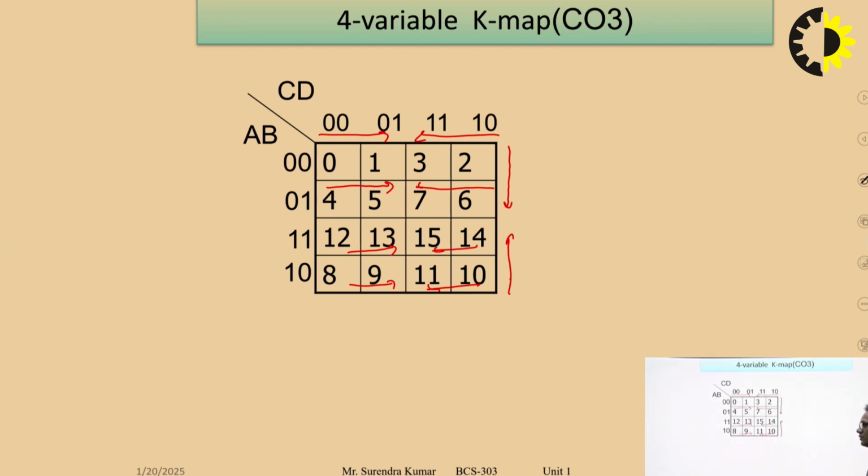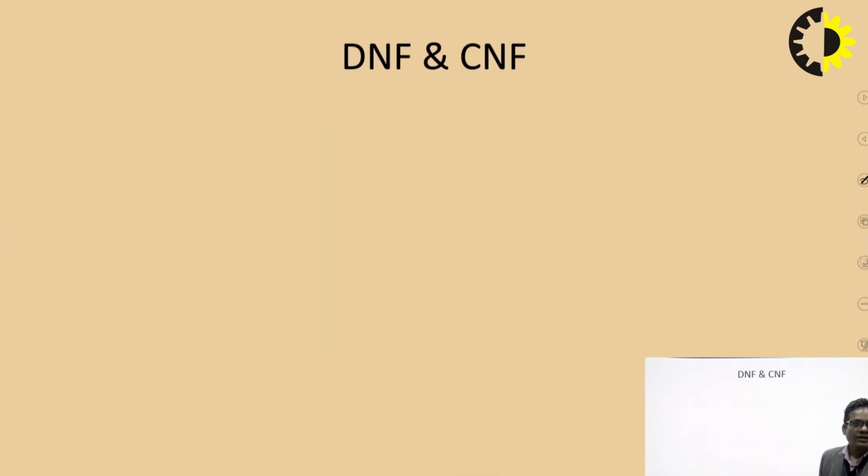So in this way you can mark the cell numbers in your 4 variable K-map, and a 4 variable K-map will contain 2 raised to the power 4 cells, that is 16 cells, right?